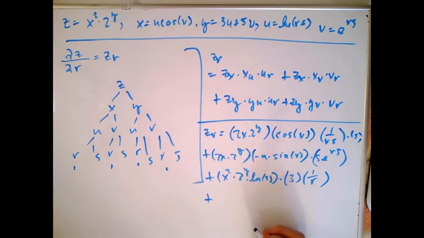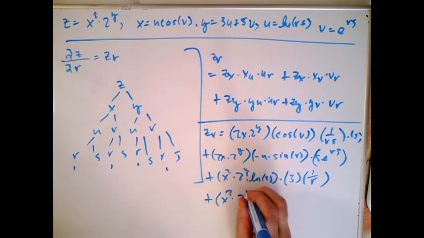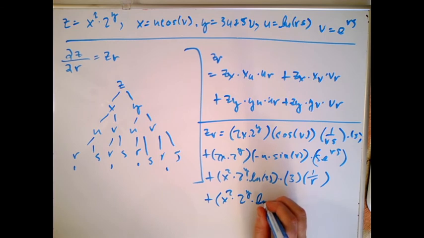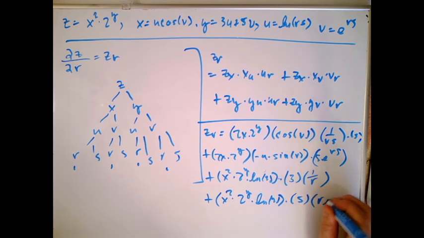Let's see, so I need z_y, that's going to be x squared times 2 to the y times ln 2, times y_v up here is just 5, like that, and then I want v_r, which is going to be s e to the rs, like that, and we've written down our first chain rule example that went at least 2 layers deep.